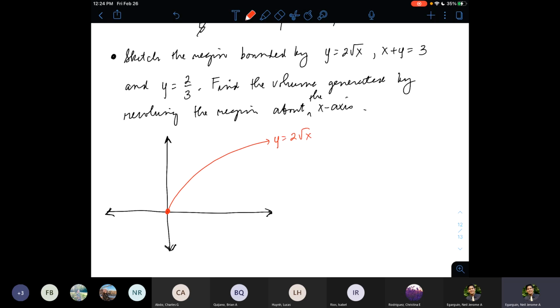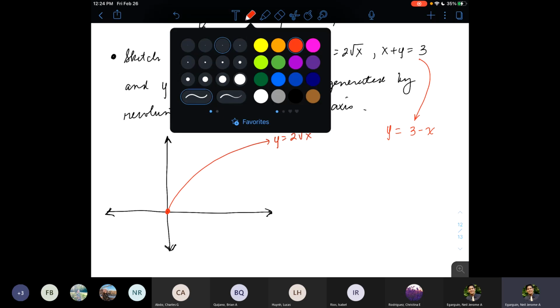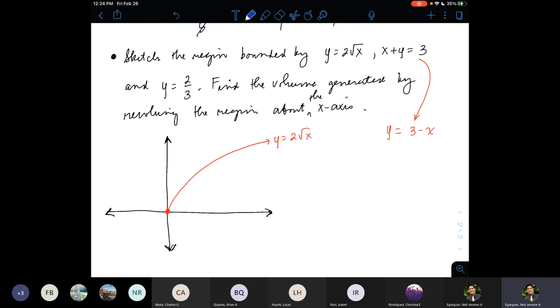Okay. And then the next one is x plus y equals 3. So I can rewrite it as y equals 3 minus x. I should have used a different color there, but anyway. So when x is 0, y is 3. And when x is 3, y is 0.